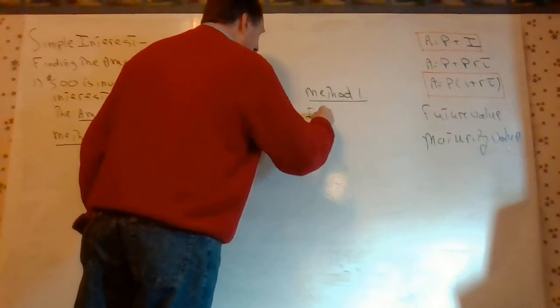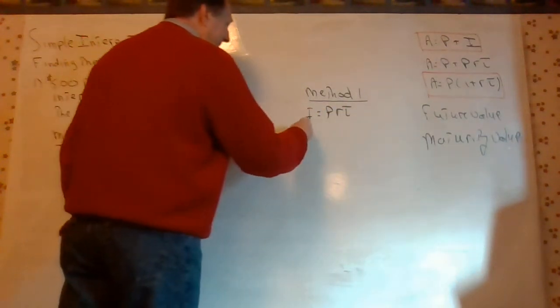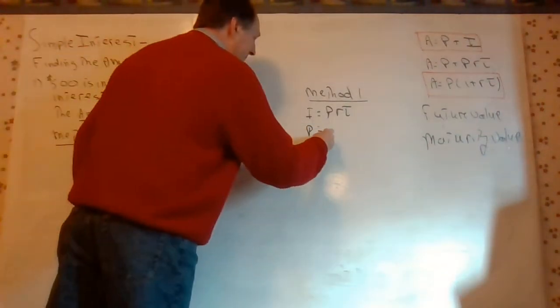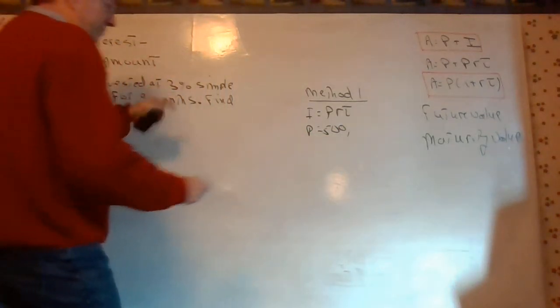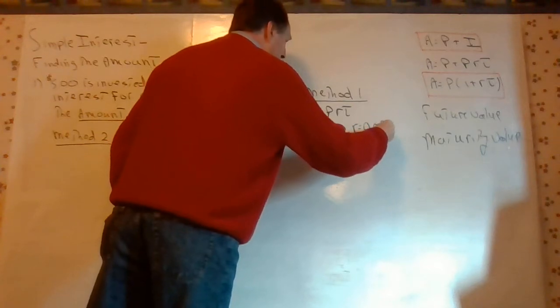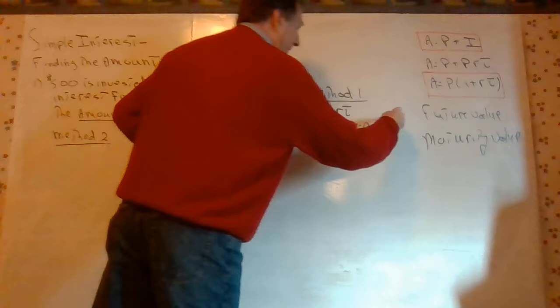First of all, we use I equals PRT, and we identify the variables. The principal in this case is 500. The interest rate is 3%. And the time is equal to 9 over 12.